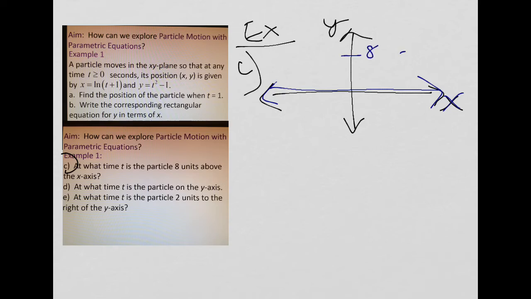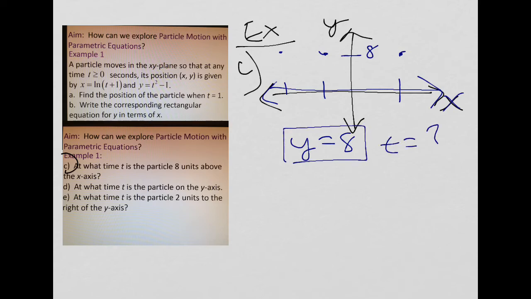So it could be this point here, or that point here, or this point here, okay? But what is consistent with all of these points, regardless of what the x value is, the y value is 8. So with that being said, in C, what we need to do is make y equal to 8 and try to figure out what t is.